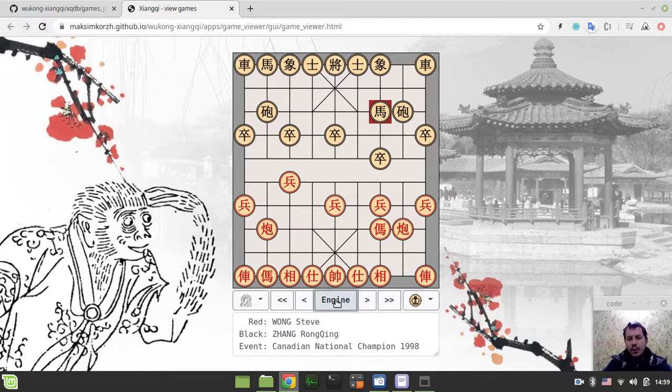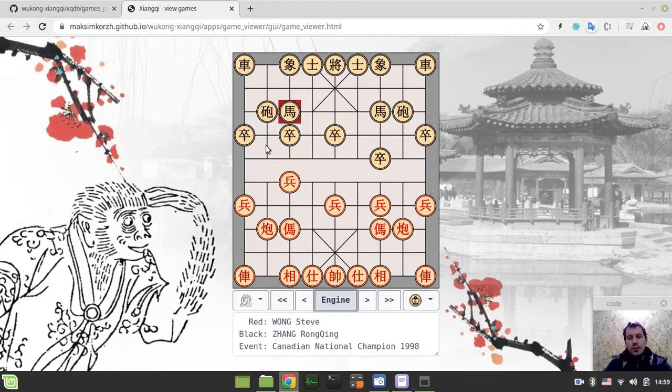Also, we can use the engine move if we don't know what to do, or it might be useful when the game is over, when the side has resigned. For noobs like me it might not always be clear why the side has resigned, and making the engine moves until the mate actually gives an idea of why the game was resigned, basically. So that's kind of it.